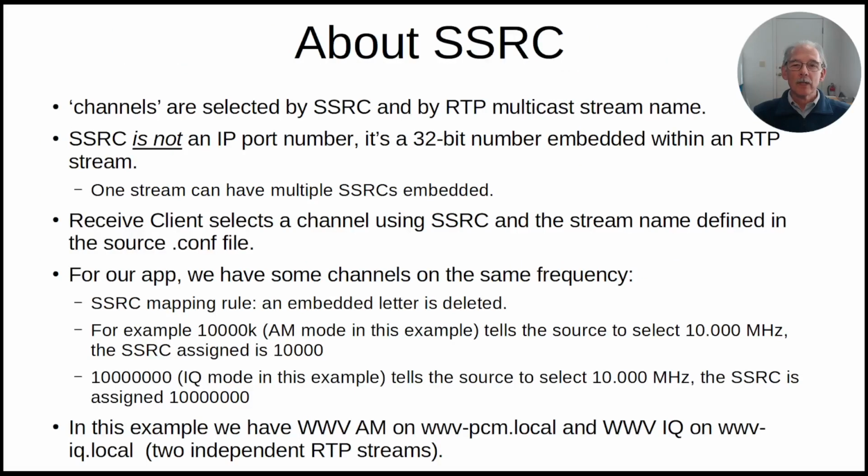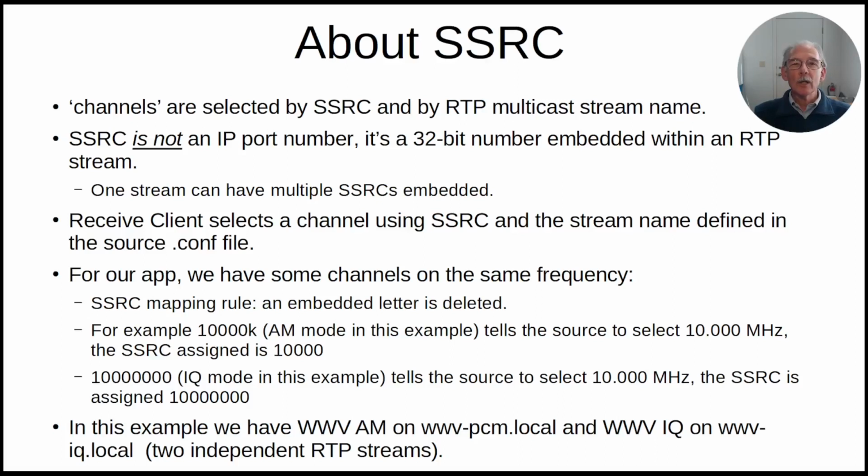hertz. There is a concept in ka9q radio called the SSRC, and this is the source selector. Source selector is not an IP port number. It's a unique 32-bit number embedded in the multicast stream that identifies a particular channel.